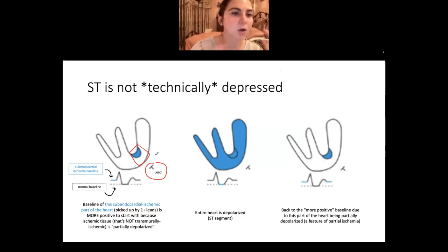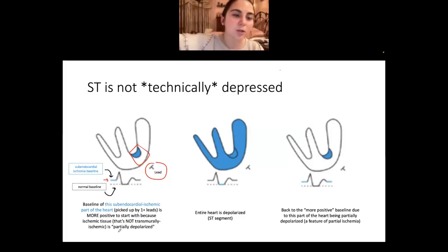These cells in this area are more depolarized compared to the area that's completely dead. If they're more depolarized, it's going to be more positive to start. The baseline is going to be more positive because this tissue is not transmurally ischemic. It has this partial depolarization feature.